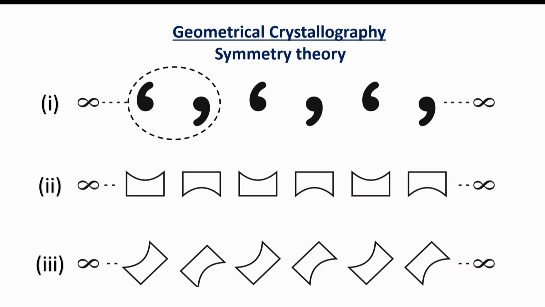For example, you have prepared a rubber stamp with these two commas, and you are stamping this as we move from left to right. You move a particular distance and stamp it again, move a particular distance and stamp it again. So this chain can be simply generated by the stamp operation that you can see.